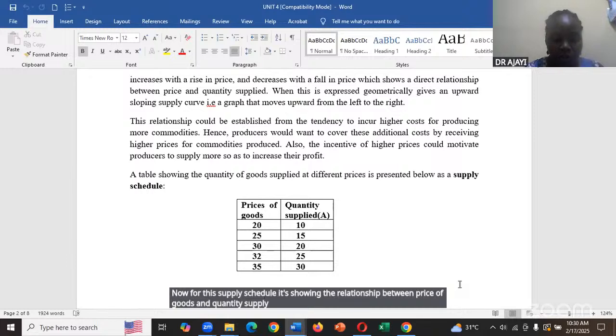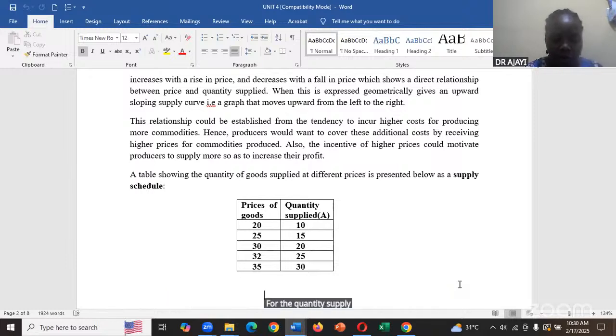Now, for the quantity supplied, we have a situation where people are always motivated to produce more at higher prices.